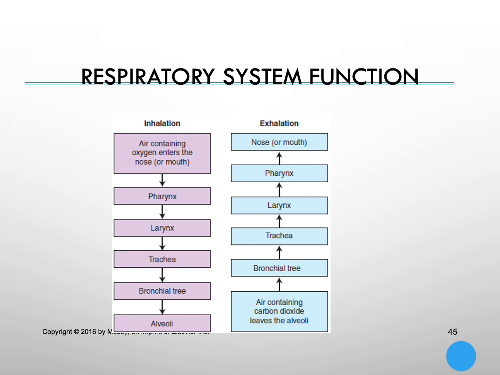And that's just the reverse process of inhalation. Carbon dioxide leaving the alveoli flows into the bronchial tree, which is those bronchioles, bronchus, into the trachea, past the larynx, into the throat, and out through the nose or mouth to the outside world.